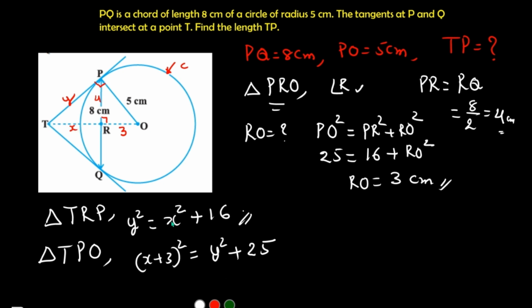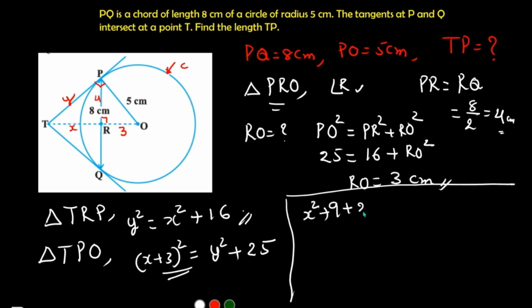From this equation, Y square is equal to X square plus 16, right? Let's substitute here. Let's expand this left side term quickly. (X plus 3) whole square is an (A plus B) whole square, that means X square plus 3 square, which is 9, plus 2 into X into 3.